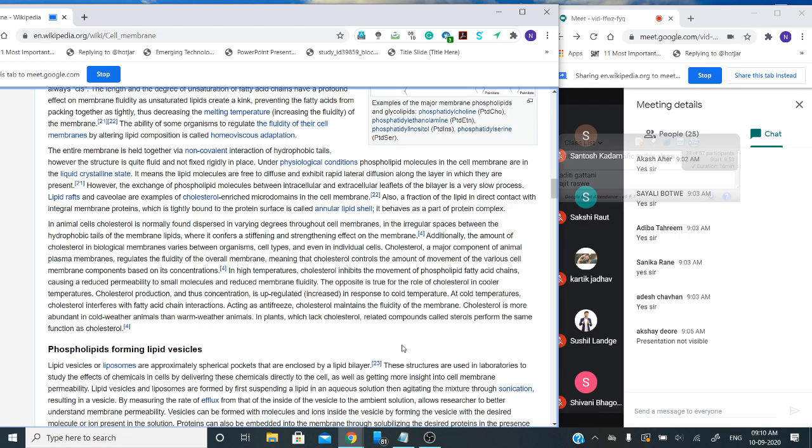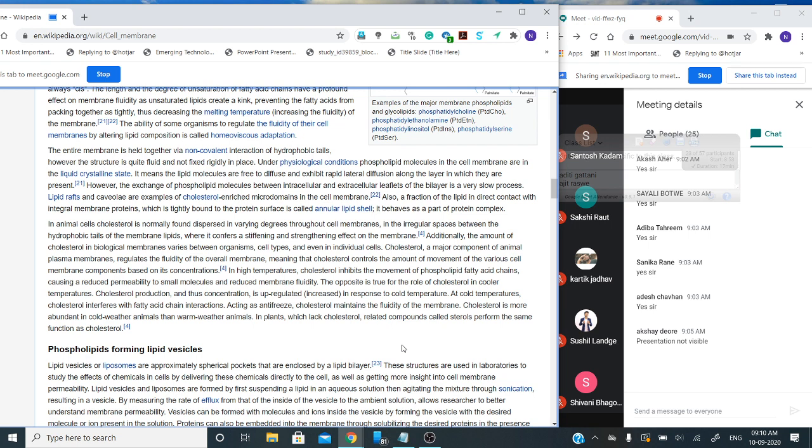The amount of cholesterol in the biological membrane varies between organisms, cell types, and individual cells. So different cells will have different compositions of cholesterol. It regulates the fluidity of the overall membrane and controls the amount of movement. At high temperature, cholesterol inhibits the movement of phospholipid fatty acid chains, and thus it reduces permeability.